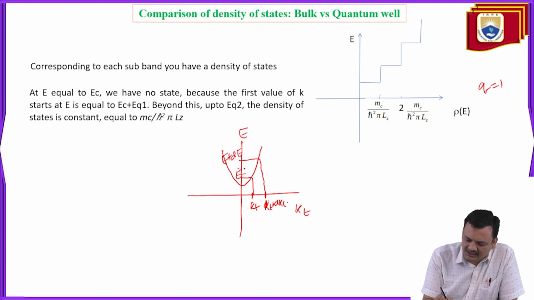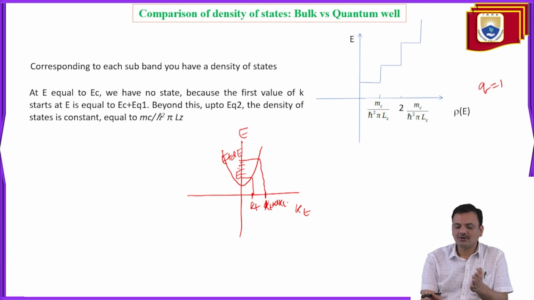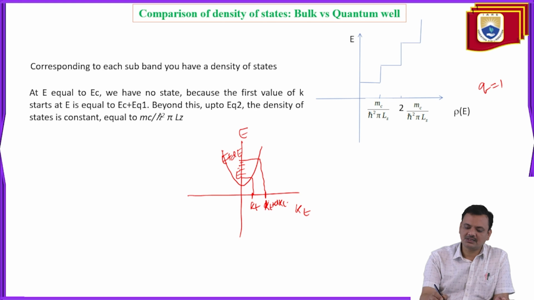So how many states are available from kT to kT plus dkT for the first band of a particular quantum well structure? It should be constant for the first band.